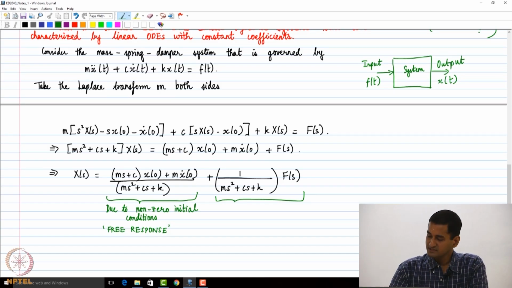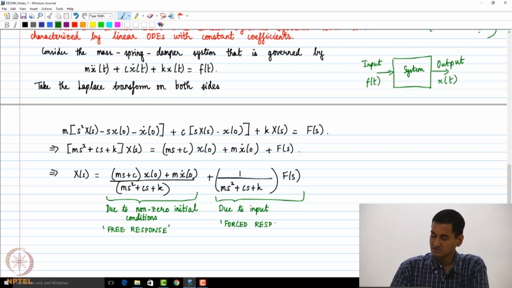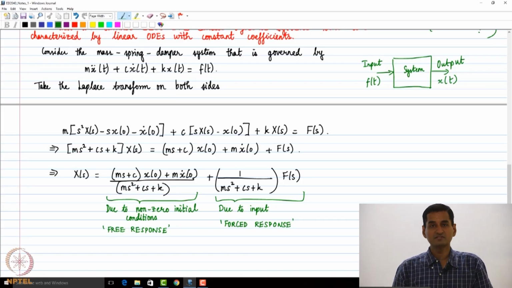So that is the contribution of the input to the output, due to the input that we provided. So this is what we call the force response, okay? So that's what is called a force response, okay?